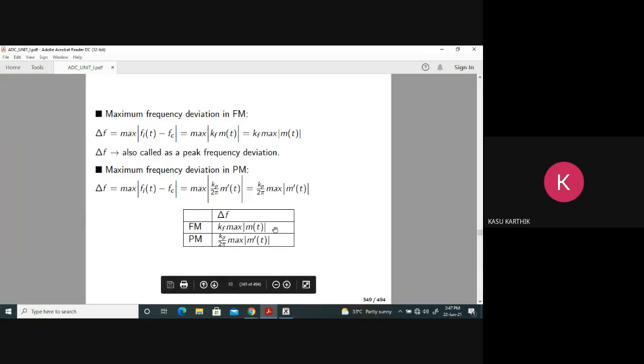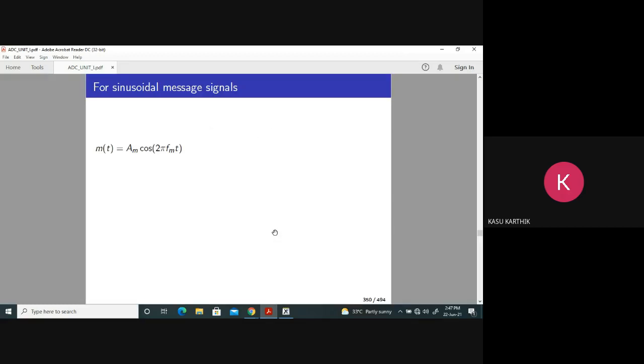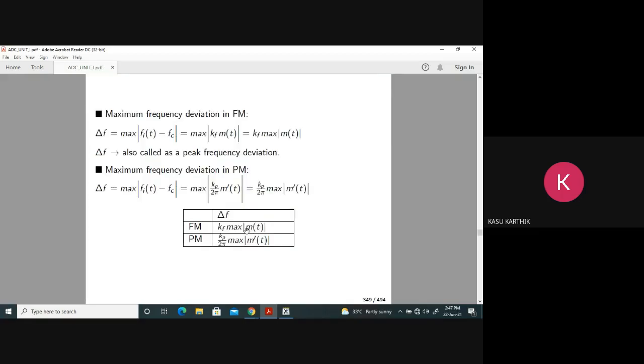So this is about peak frequency deviation. Now we have something called tone modulation, for a sinusoidal message signal. Tone modulation means m of t is Am cos 2 pi fm t. Now, what is delta f? If m of t is Am cos 2 pi fm t, the maximum of m of t would be Am. So it is Kf into Am.